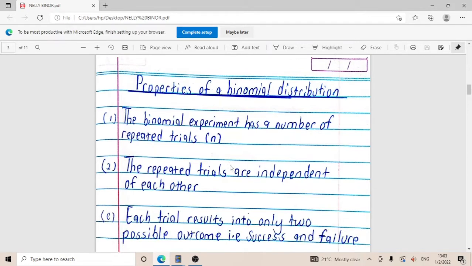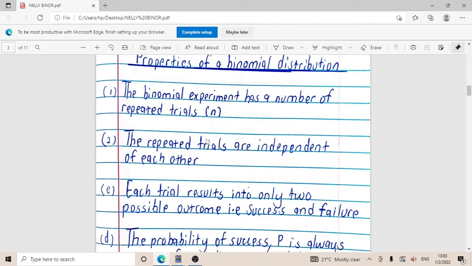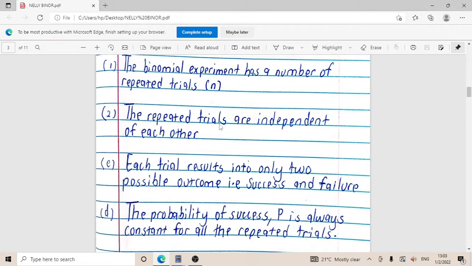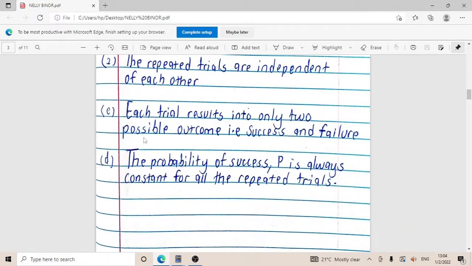Looking at some of the properties of a binomial distribution, the binomial experiment has a number of repeated trials. The repeated trials are independent of each other, and each trial results in only two possible outcomes, that is a success or a failure.